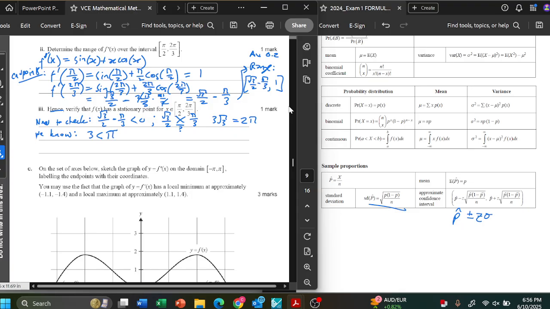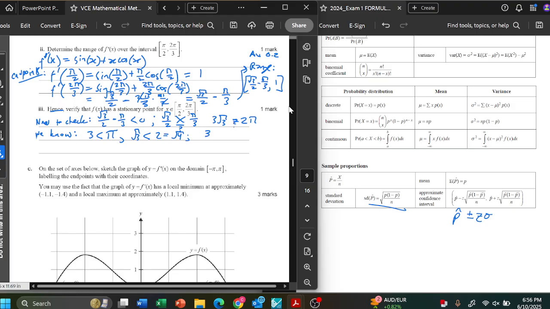Right, so pi is 3.14159265, etc. And 3 is definitely less than that. And also, the square root of 3 is less than 2, because 2 is equal to the square root of 4. Right?